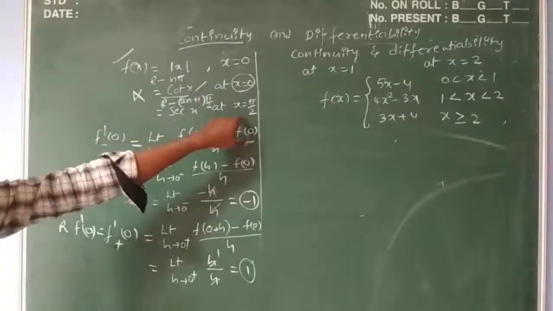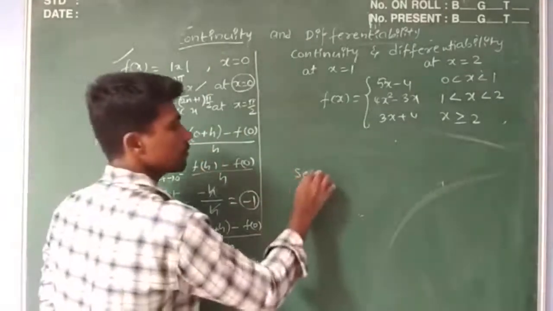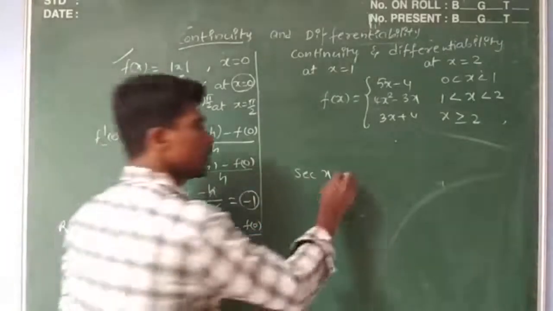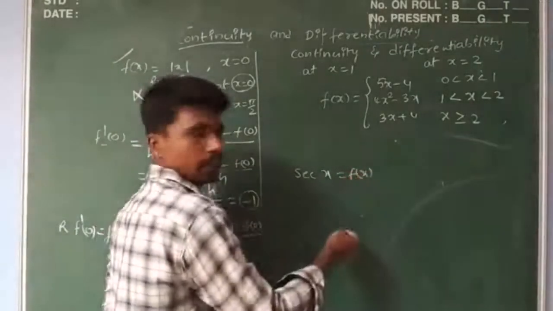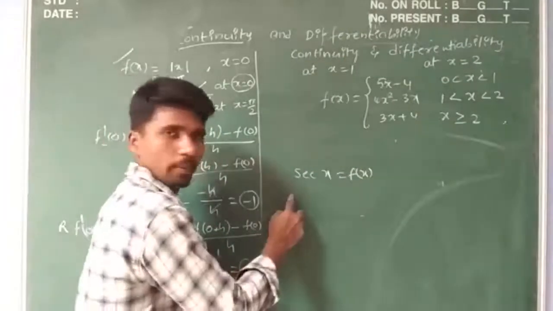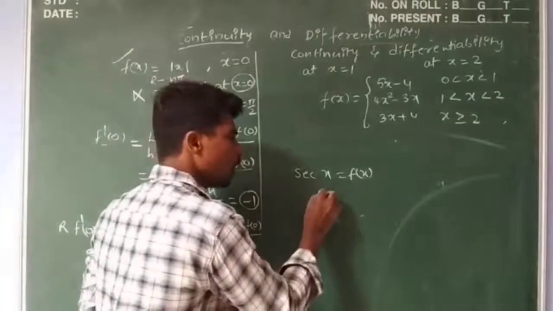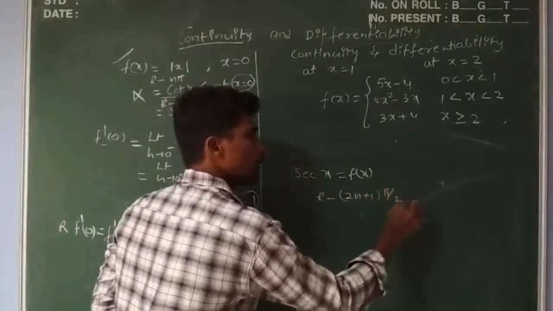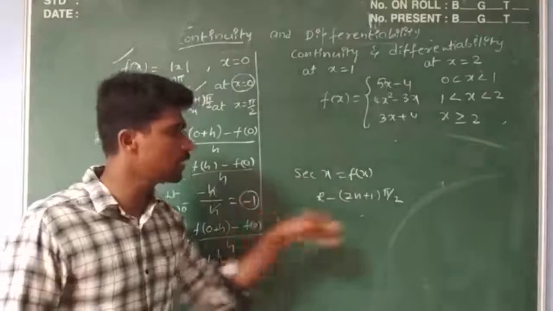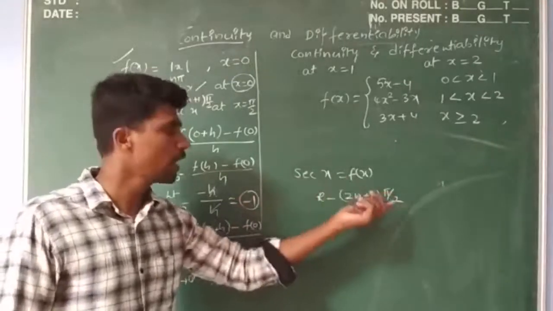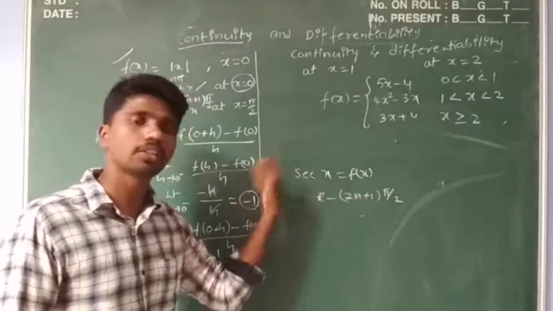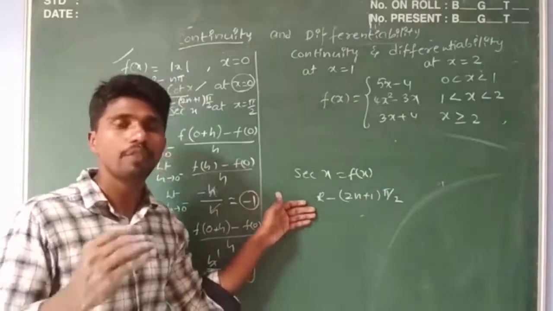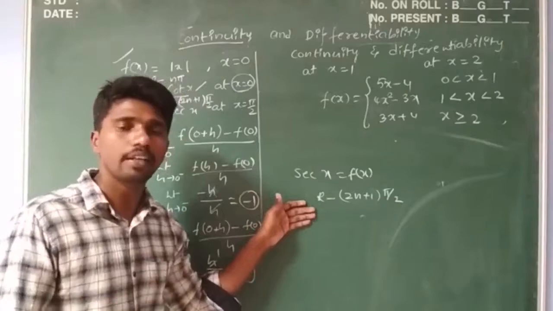Suppose I take only secant x, if I take f of x as only secant x, what is its domain? Its domain is all real numbers minus odd multiples of pi by 2. So the function is discontinuous at pi by 2. If we don't have pi by 2, then the function is continuous. If the function is continuous, we cannot say it is differentiable. We have to check whether it is differentiable or not.